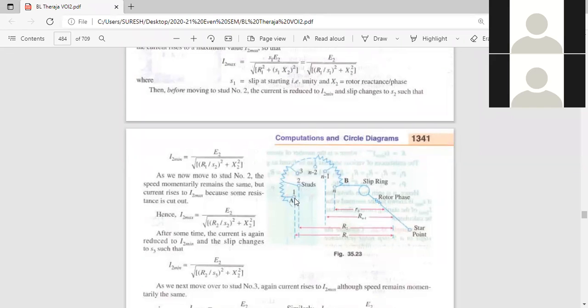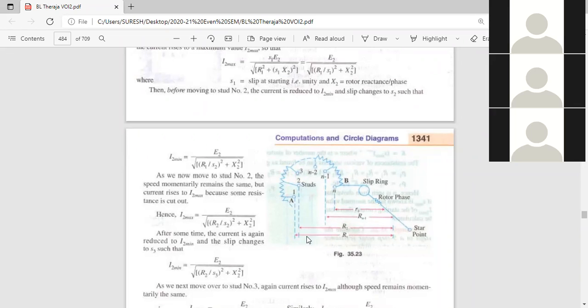So you should know what is meant by stud or contact. This is stud or contact number 1, stud or contact number 2. Suppose I place this switch at 1, the resistance is R1. If you place this switch at contact 2, the resistance is R2.